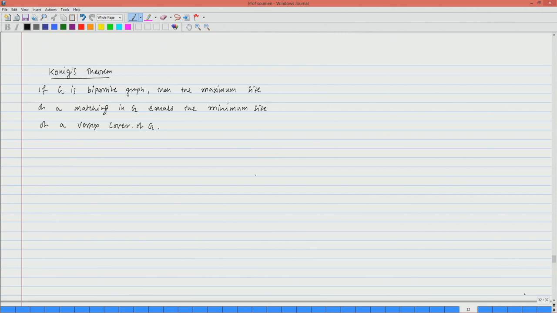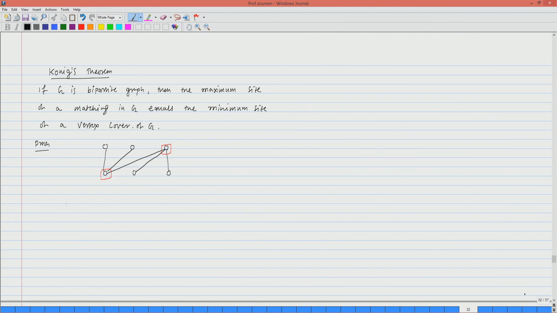Okay. Let me cite the example that we considered during the definition of vertex cover. It is a bipartite graph. This vertex is adjacent to these vertices, and this vertex is adjacent to these vertices, and we know that this is a vertex cover, and we also know that this has a matching of maximum size 2.